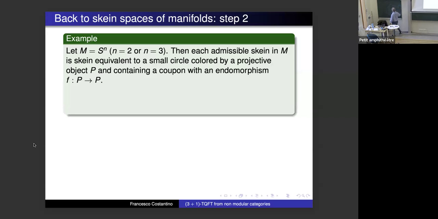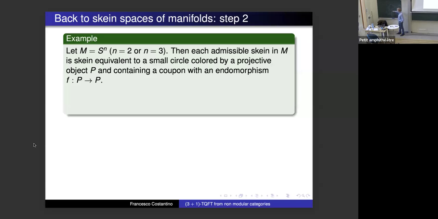Let me call it F prime. Why is that? Because you can look at this disk. In this disk, what I see, it's the following tangle, the following diagram. Right? That's what I see. If I straighten up the dotted part, that's what I see.